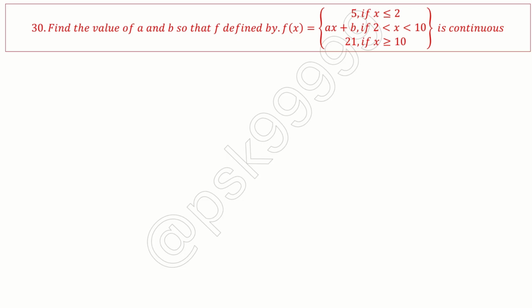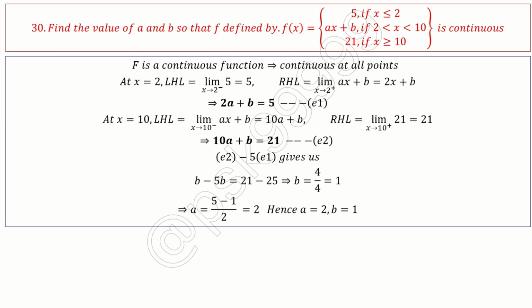This is also okay. Here in this case, you need to find not only k, you need to find two variables a and b. Since it is continuous at all points, let's check the points of contention, which are 2 and 10. At x equal to 2, LHL is nothing but 5. RHL is 2a plus b.